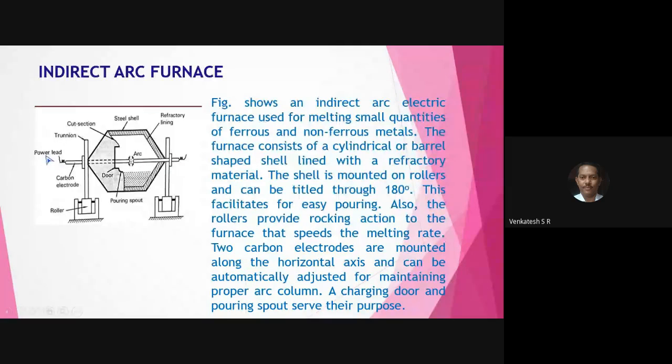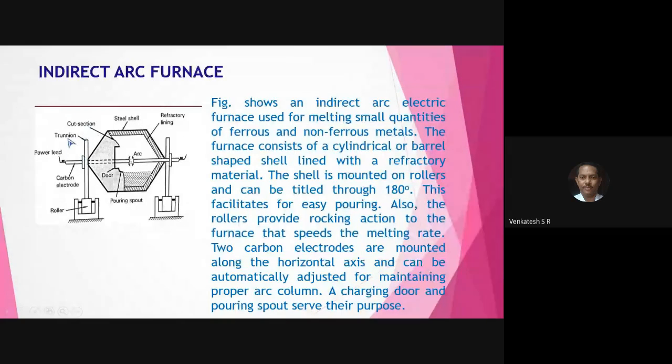All of you observe here. This is the carbon electrode which is connected to the power source, the power lead, and which is placed inside the bearing. This is the wall, usually the steel wall.